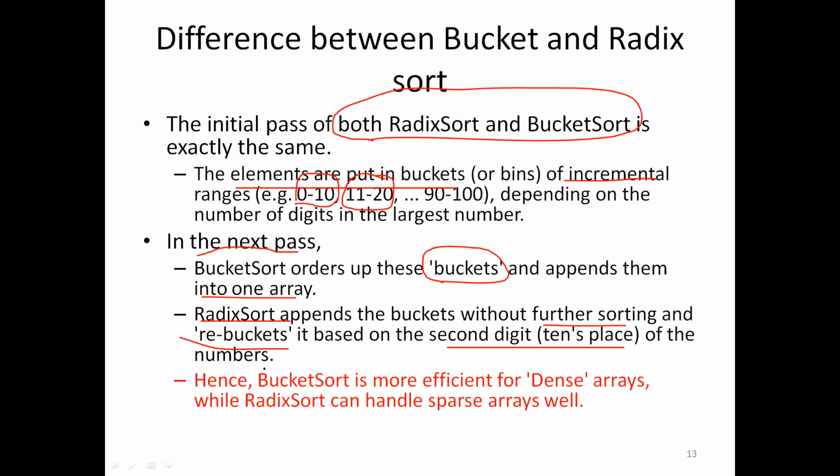Where is bucket sort used? Since bucket sort is very simple, it's more efficient for a dense array. A dense array is one where the array is filled, like a dense matrix and sparse matrix. You are aware of dense matrix and sparse matrix, right?